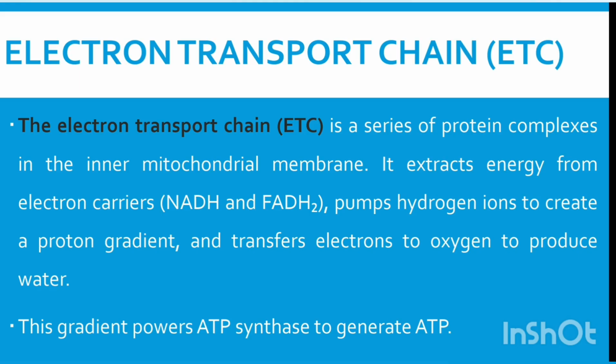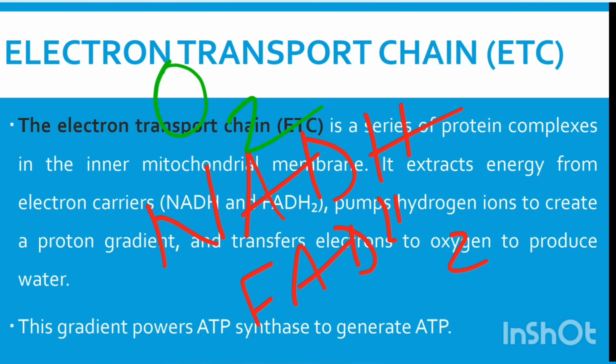During this phase, reduced coenzymes like NADH and FADH2, released from different reaction stages of cellular respiration, are oxidized by transferring their electrons to the terminal acceptor, which is the oxygen or O2 molecule, through a chain of electron carriers.